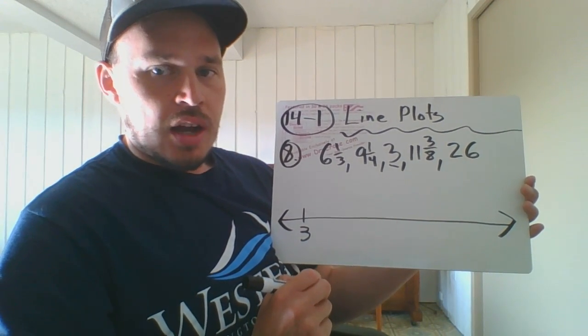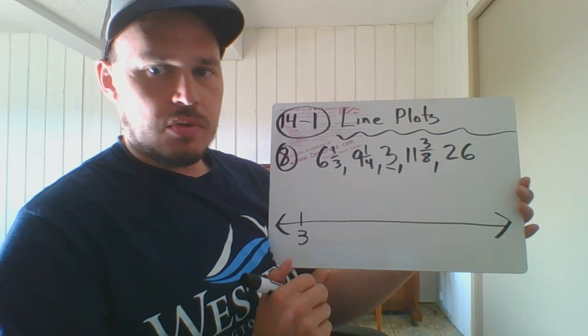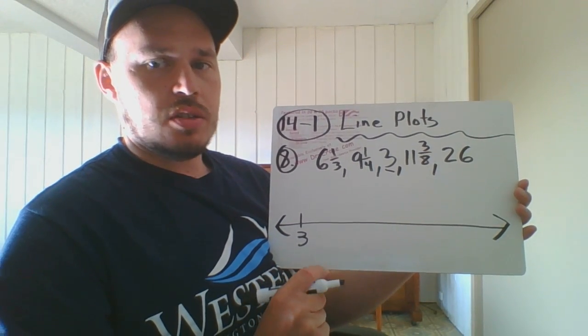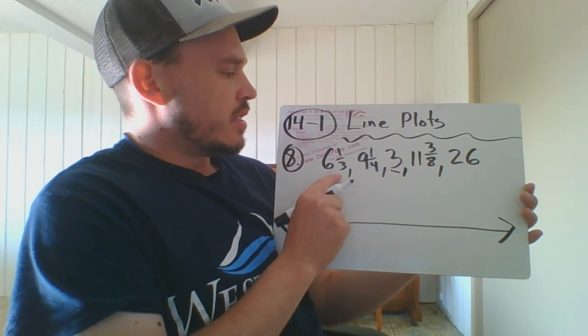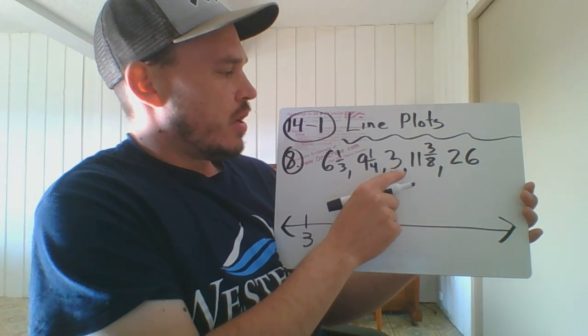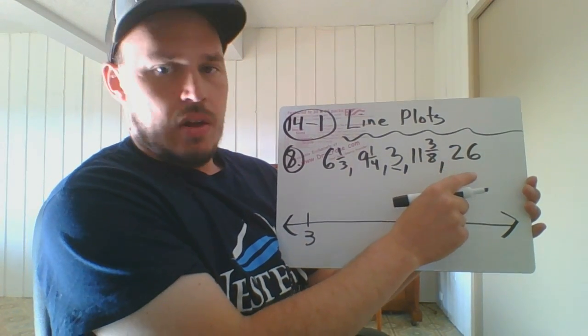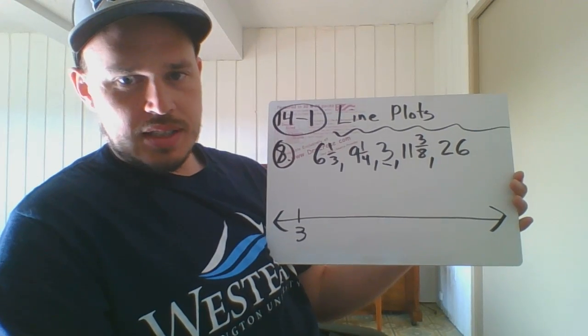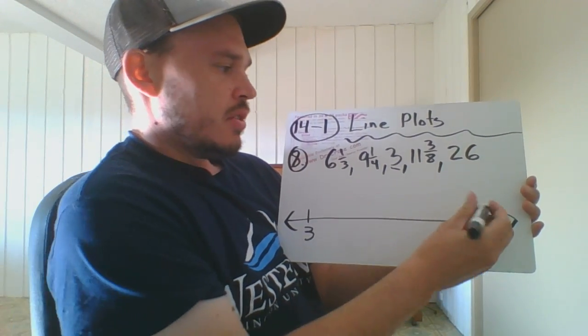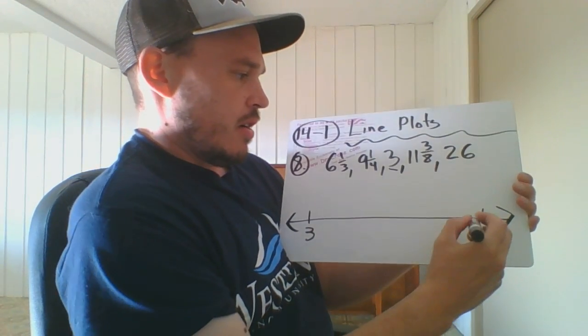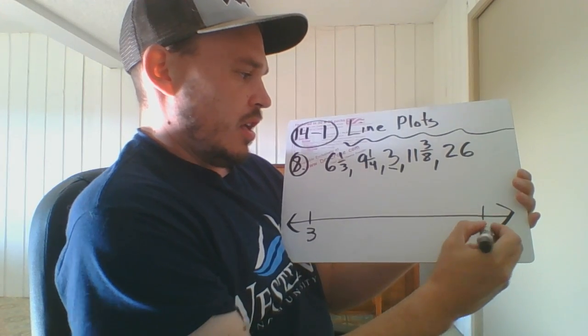Now, I talked about an outlier. There's one of these numbers that's way too big, an outlier. So 6 and a third, 9 and a fourth, 3, 11 and 3/8, and all the way to number 26. Number 26, that would be an outlier, okay? So it's going to go way down here on the end.